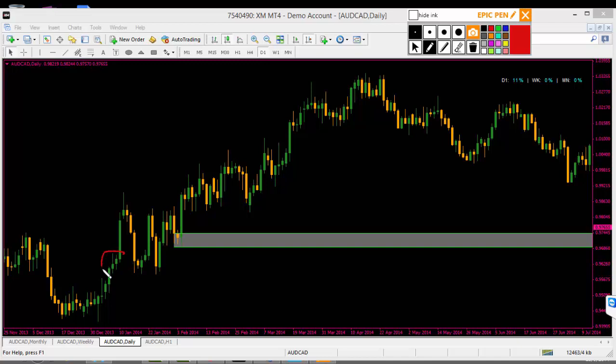Do you remember that slide? See, this candle high is higher than this. So we don't see a demand like this. A good demand should give us quite a neat demand like this.